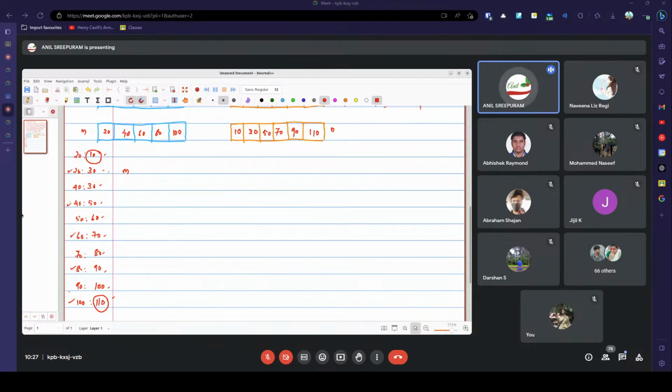If you look at this n-element array, in this comparison 10 gets placed, then 30, then 50, then 70, then 90 get placed.